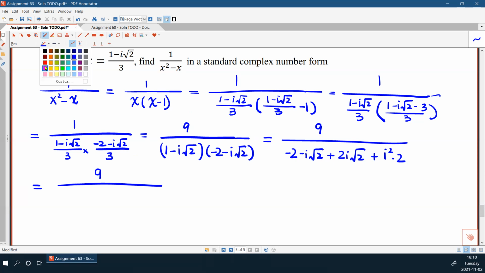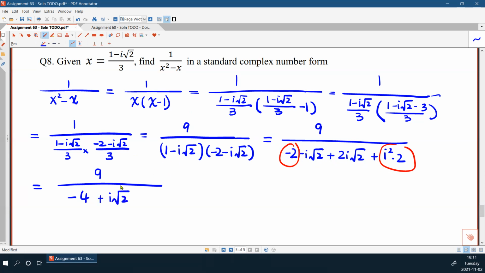First, let's consider the real part. This is a real number. This is also a real number. So let's combine them. Minus 2, then minus 2 is minus 4. Then 2i times square root of 2 minus I times square root of 2 give us I times square root of 2, right? Okay, so this expression now seems a little easier.